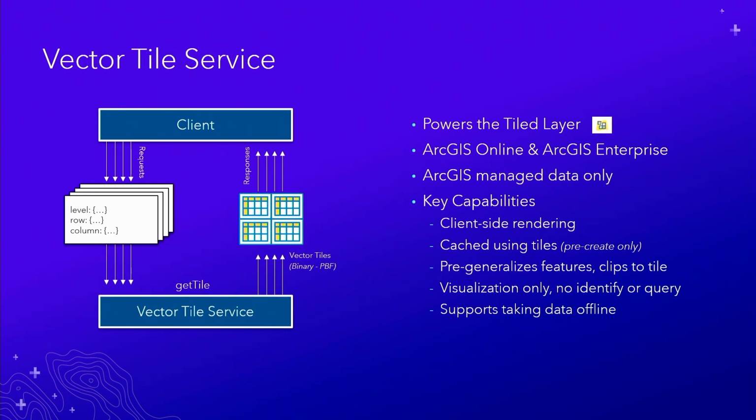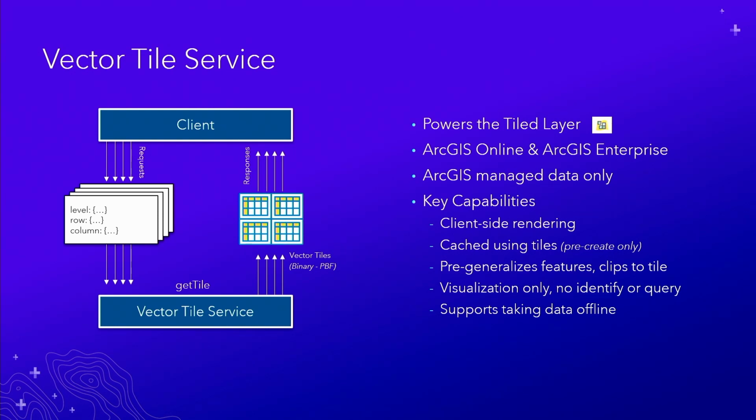The next service is the vector tile service, which chronologically is actually the most recent one to enter the ArcGIS platform capabilities. Vector tile service works conceptually like the tiled map service. The client requests data in a similar way. It says, I want this level or scale and these rows and columns of data, and it's going to get the tile.